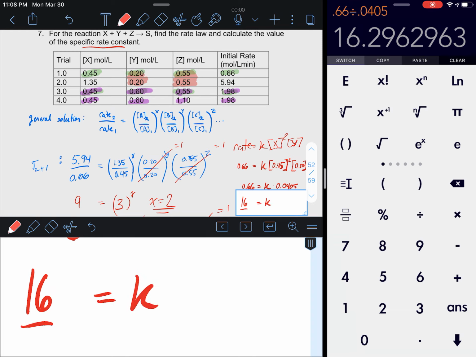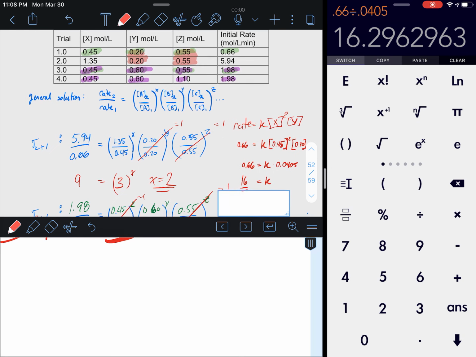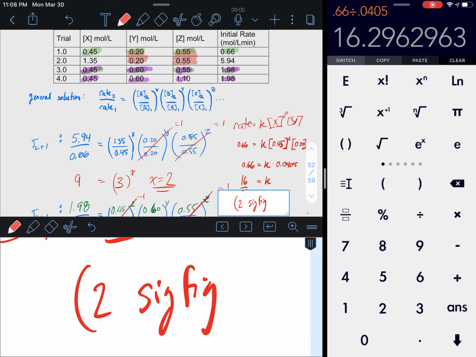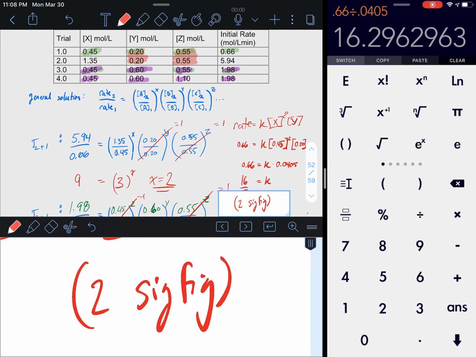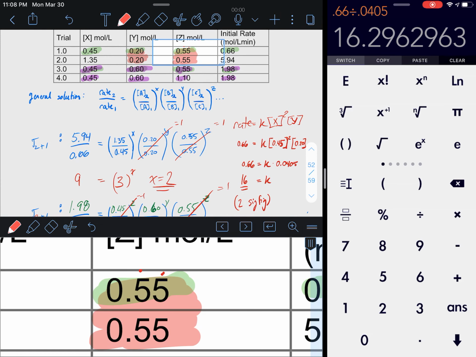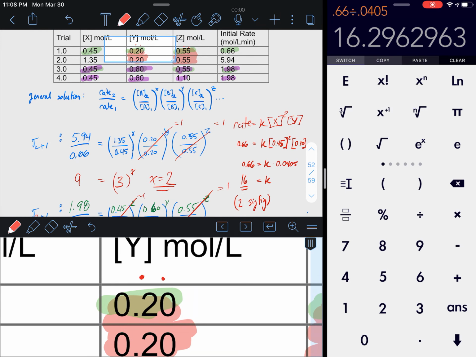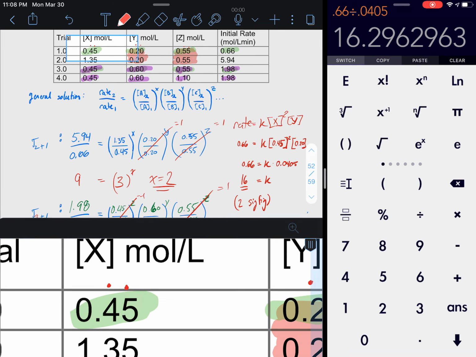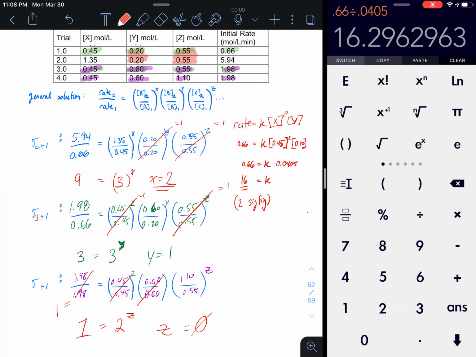So 16 equals k. 2 sig figs. And that comes from up here. All of these have only 1, 2 sig figs. So not much we could do there. We were stuck with sort of a low significance answer.